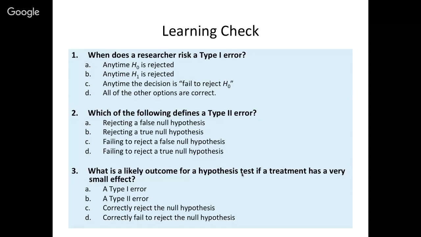We may fail to say there's an effect. So we fail to reject the null hypothesis, but we do have an effect, meaning the null hypothesis is false. So we fail to reject a false null hypothesis, which is type 2 error. So the answer is B.